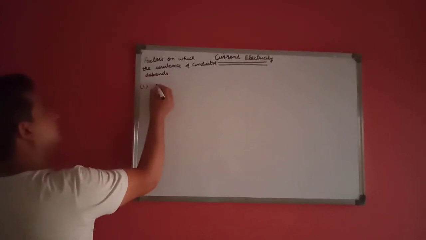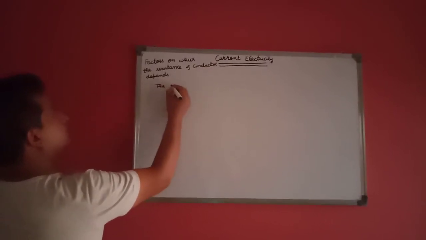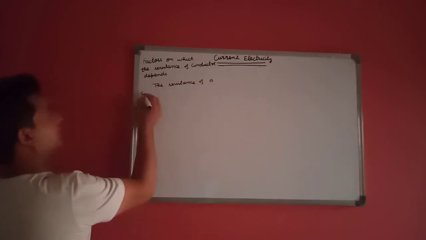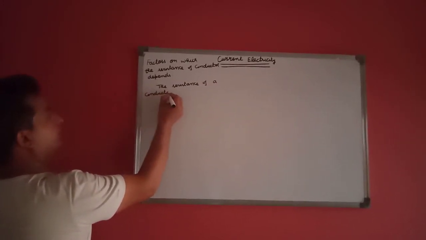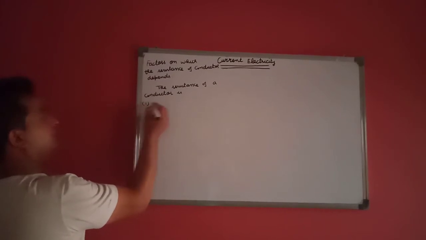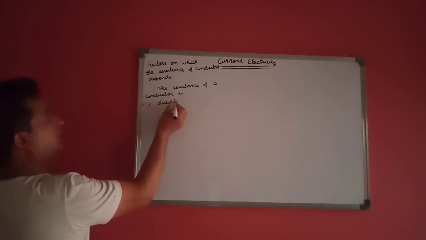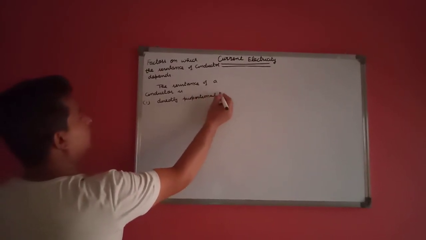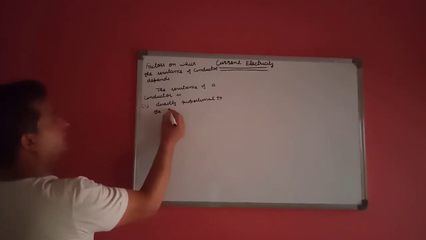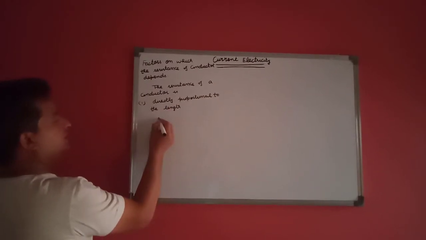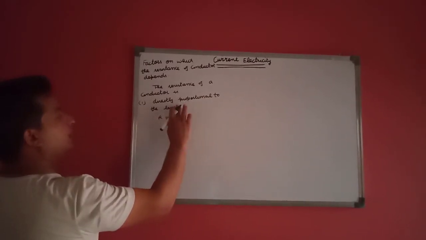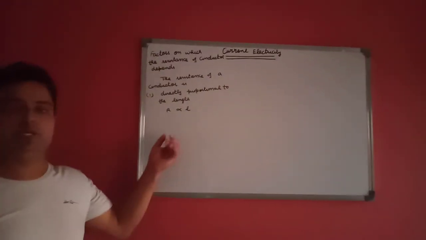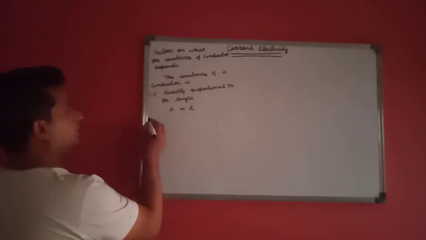First, the resistance of a conductor is directly proportional to the length. This means R is directly proportional to L. This means when the length of the wire is large, then its resistance is also large.